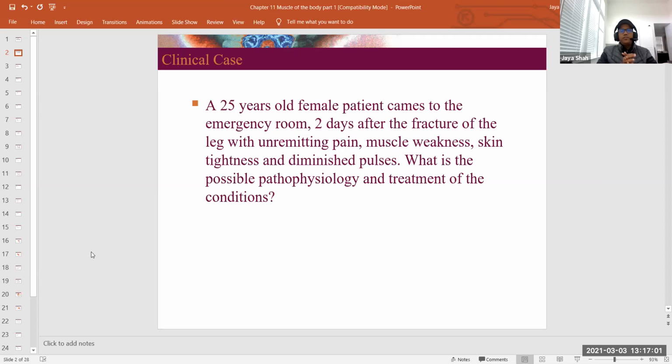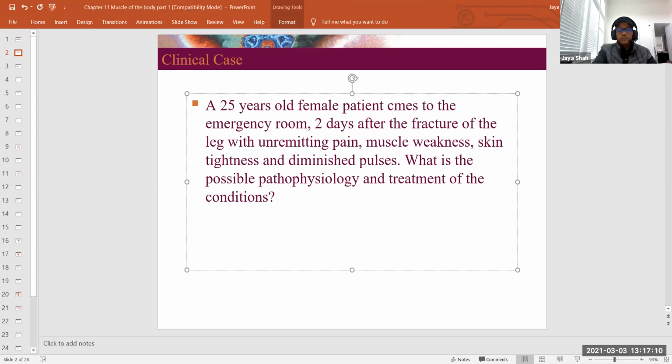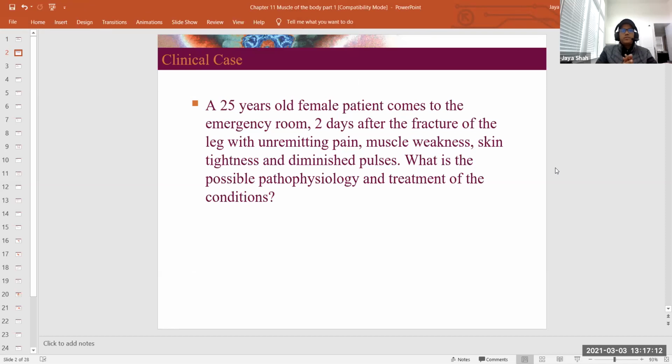A 25-year-old female patient comes to the emergency room 2 days after a fracture of the leg with unremitting pain, muscle weakness, skin tightness, and diminished pulse. What is the possible pathophysiology and treatment of the condition?